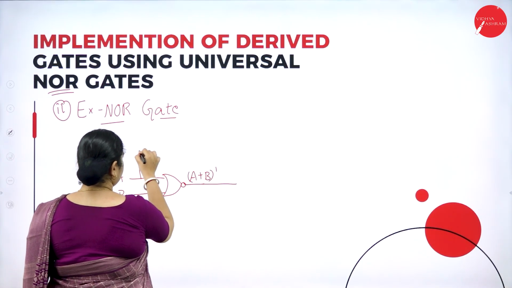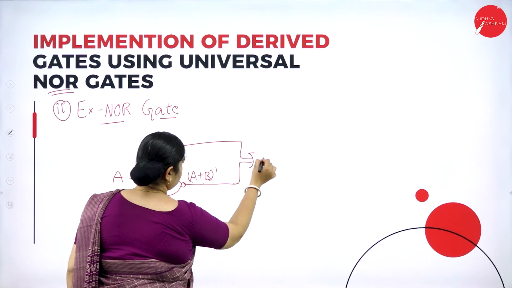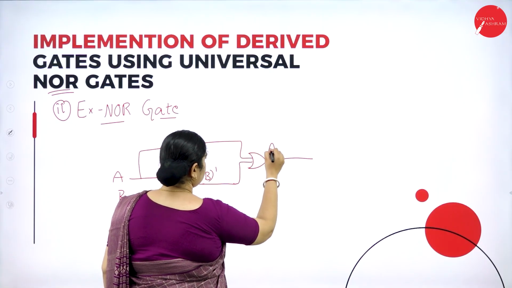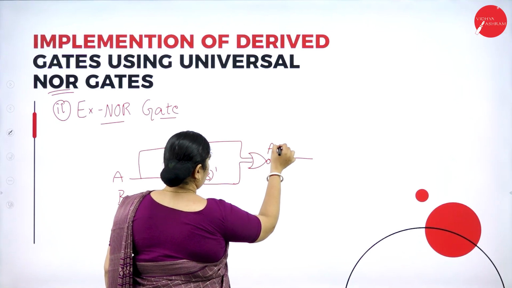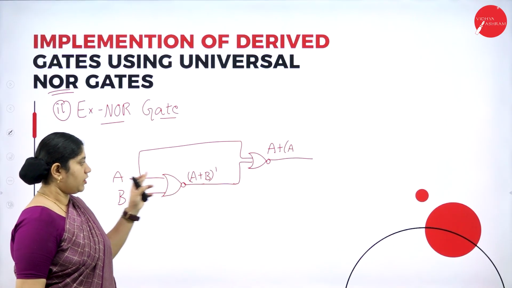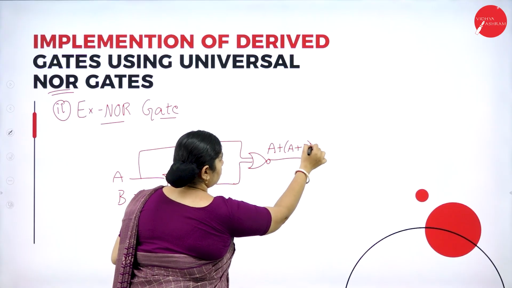Up next, we have to draw a NOR gate by using this, where the output is A plus A plus B whole bar.